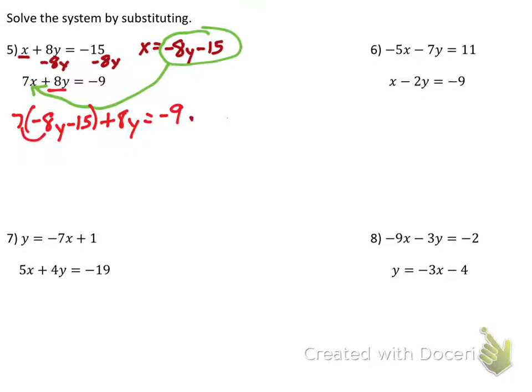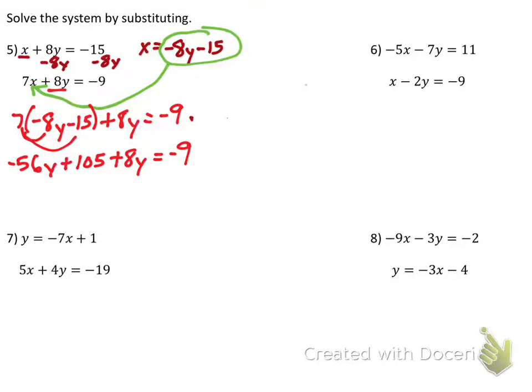So I'm going to distribute these two. So negative 56y plus 7 times 15. I don't have my phone on me, so it's going to be 35. So it's going to be 105 plus 105 plus 8y equals negative 9.